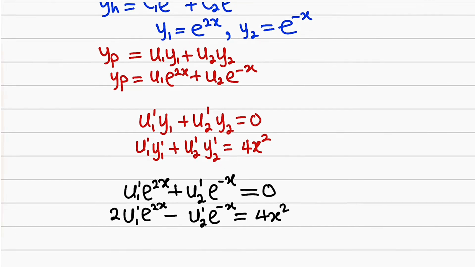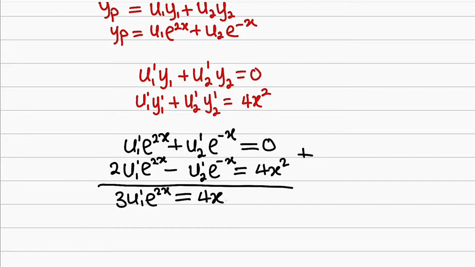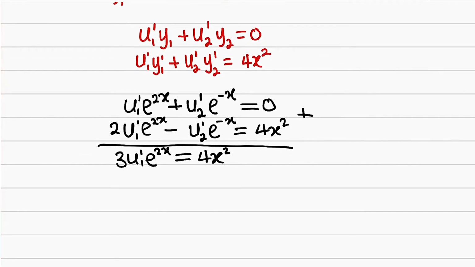All right. Now we can add the two equations in order to eliminate u2'. So now let us add these two equations together. We have 3u1' e^(2x) = 4x^2. Remember, we are looking for u1', so we can divide both sides by 3e^(2x).